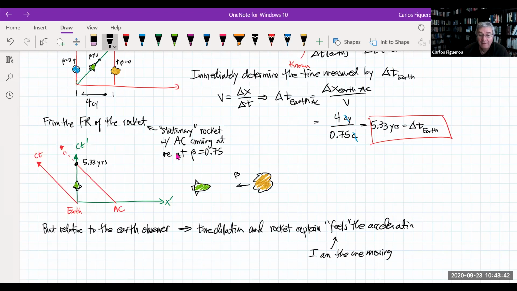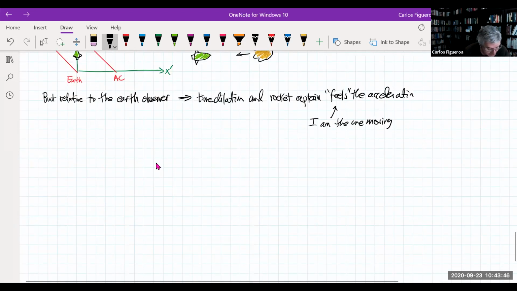Right? Without that, you could not make that statement. So then, what do I know? Well, we know that from the rocket frame, there has to be a time dilation.